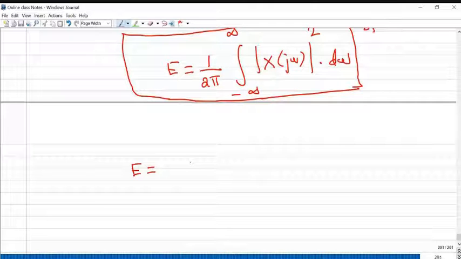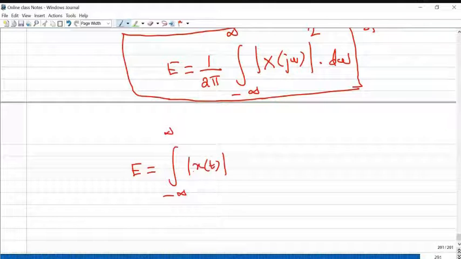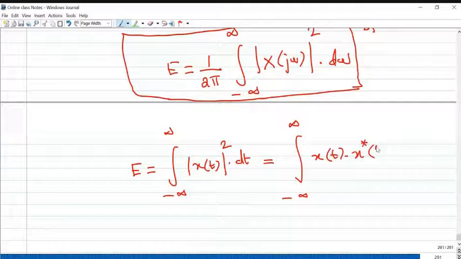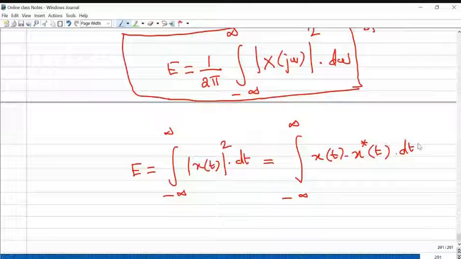Energy equals the integral from minus infinity to infinity of modulus x of t squared dt. This may be represented in terms of complex numbers, that is x of t times x star of t. We already know the Fourier transform results in the form of real part plus imaginary part.